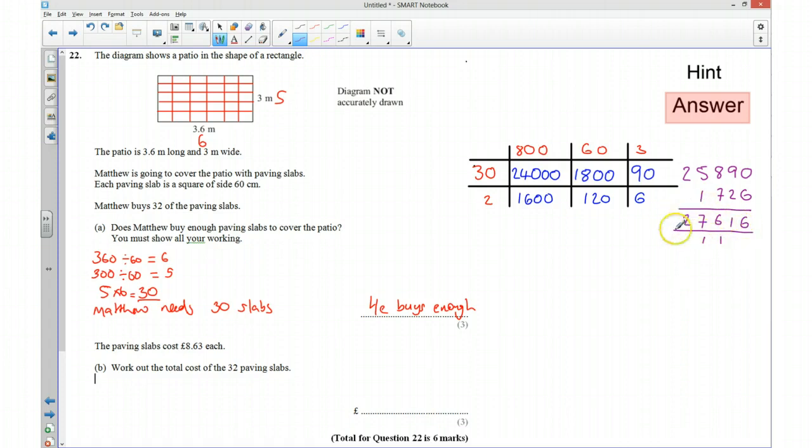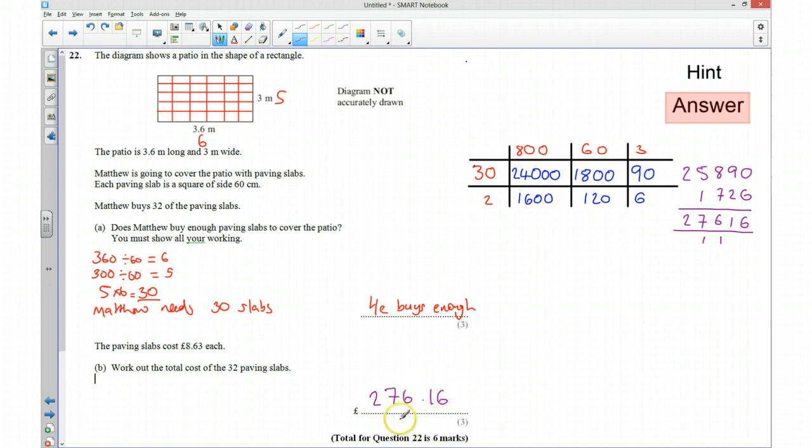Now this is in pence, we want our answer in pounds, so in order to convert this back into pounds, I need to divide it by 100. So that means I get 276 pounds and 16 pence.